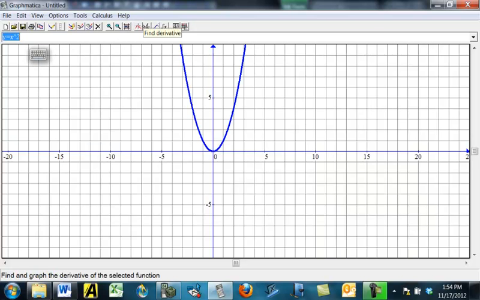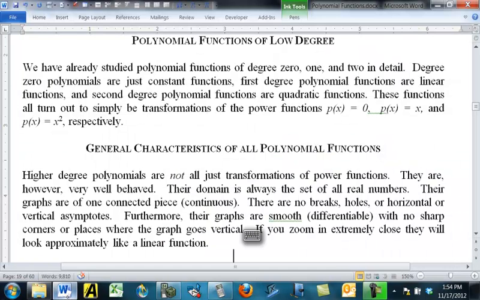We call this property local linearity, that if you go in close, it will be approximately like a linear function. Differentiable functions, smooth functions in general, that's true. So this is also true for exponentials and logarithms. But definitely polynomials have that characteristic.